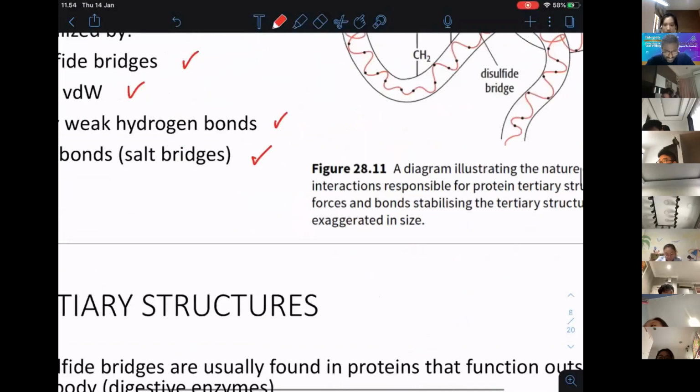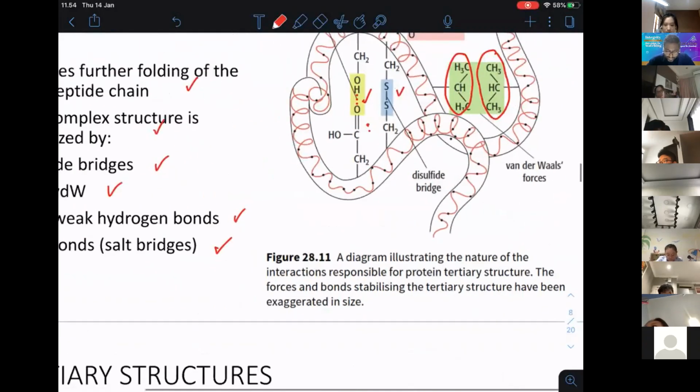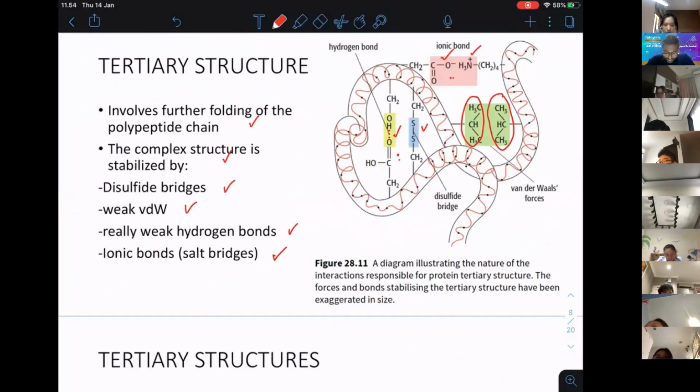This is the diagram to illustrate the nature of the interactions and the bonds stabilizing the tertiary structure. If you try to recall again, primary has covalent bonds, secondary has hydrogen bonds only.